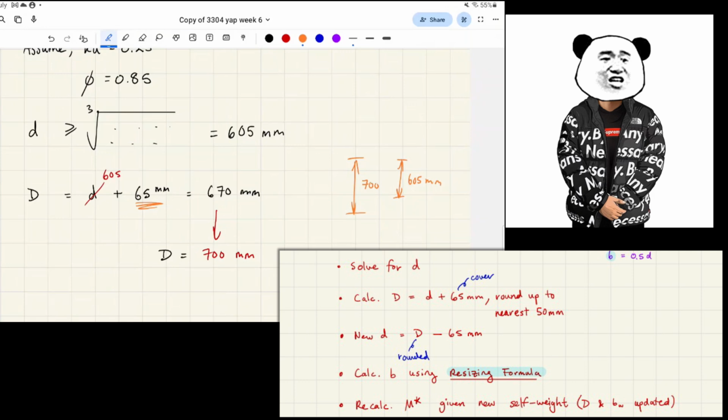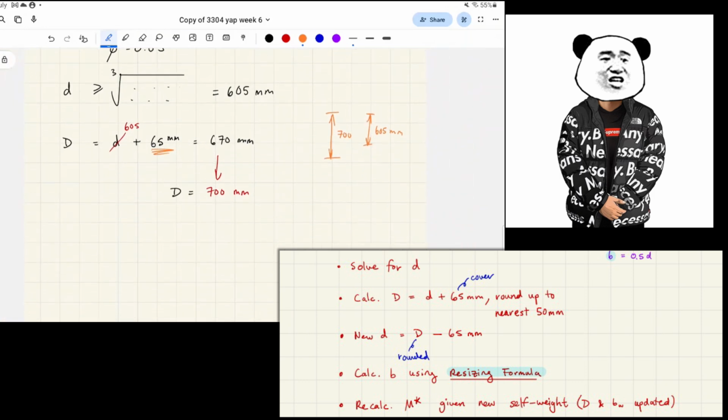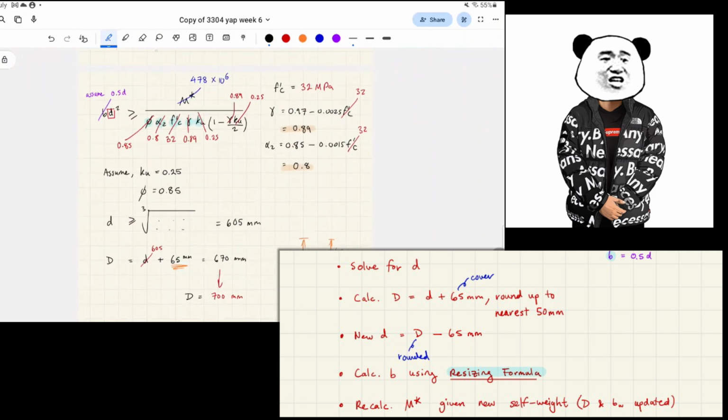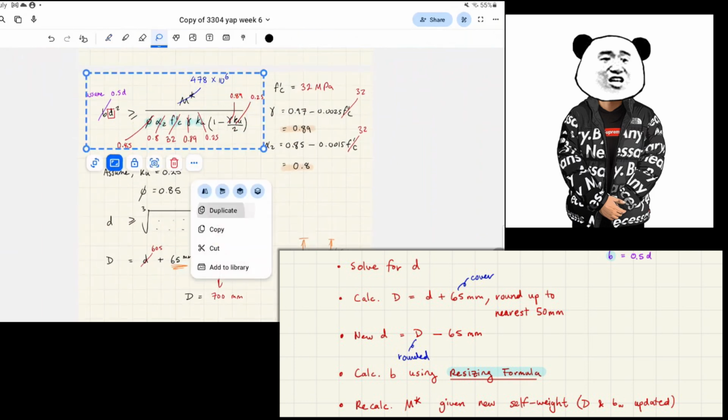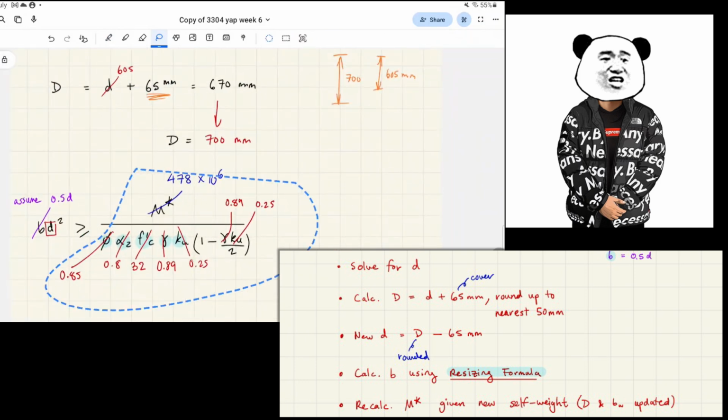And now we have to solve for b again. Basically, if we go back to this, let me duplicate it. So pretend that this right-hand side equals something that we calculated.